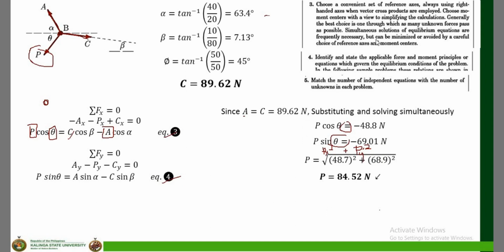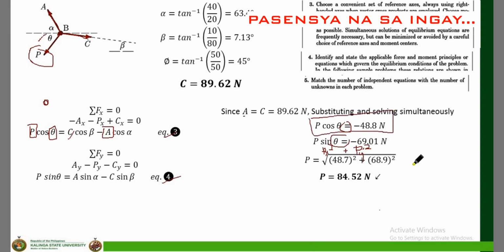To determine the direction, or the angle of inclination at point B, the value of theta, let's use this one: P cosine theta is equal to negative 48.8. Since we know the value of P is 84.52, we substitute it, so cosine of theta is 48.8 over 84.52.